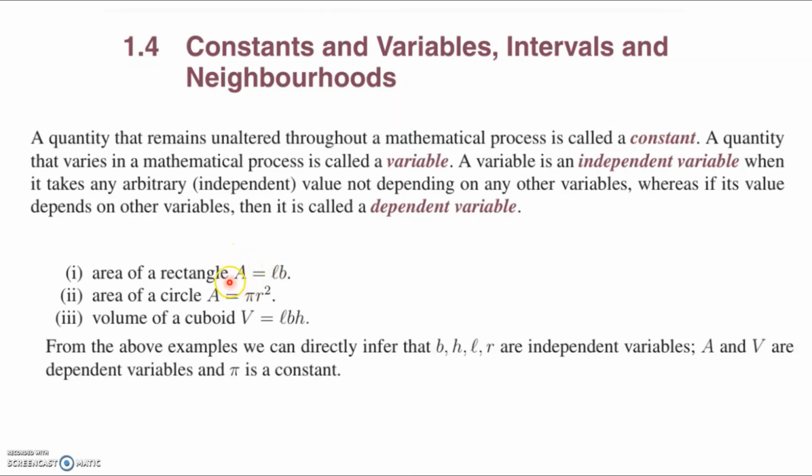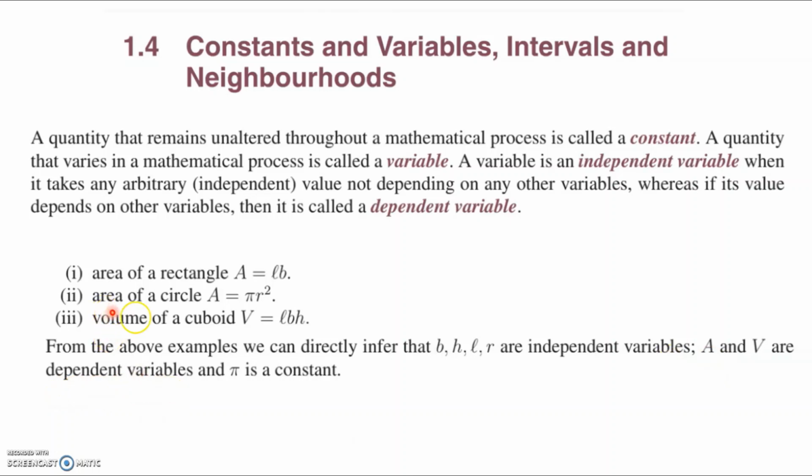So this A, the variable A, is called a dependent variable. But whereas the length and breadth can vary, they are not dependent on the area. Area is dependent on the length and breadth. So the length and breadth are called independent variables. So you have length and breadth as independent variables, and area is a dependent variable.